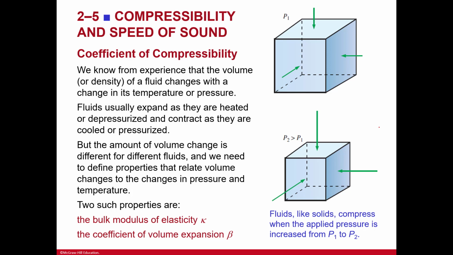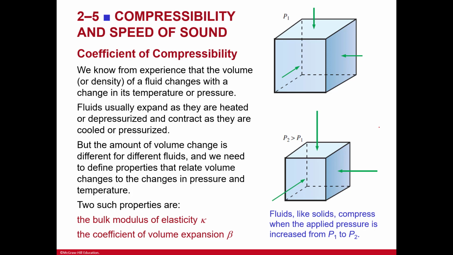So what we're saying is, if we compress this or if we expand this, our volume changes, even if we keep the temperature and pressure consistent, and it depends on whatever working fluid we're using. And therefore, we have specific properties that relate to the volume changes, specific to each fluid.